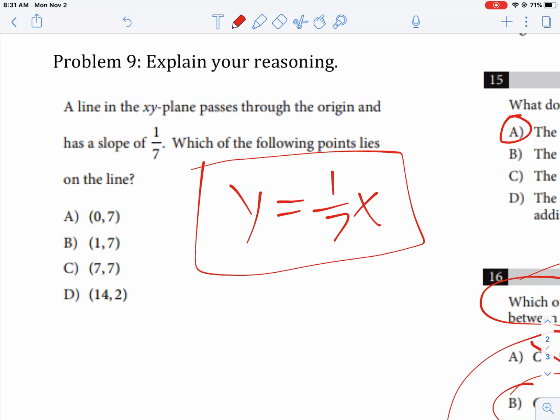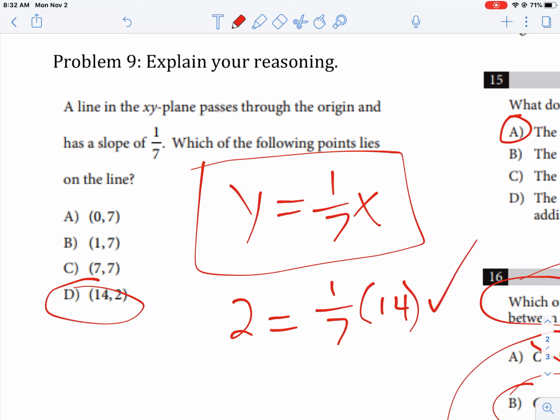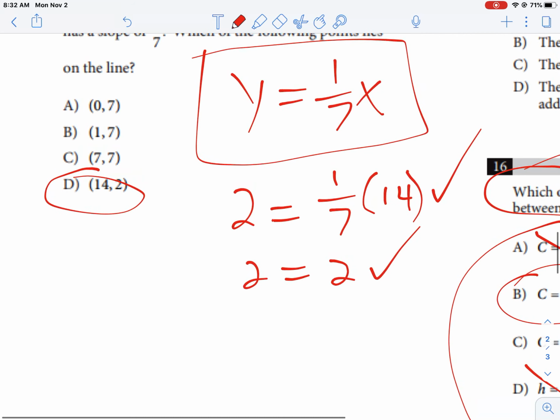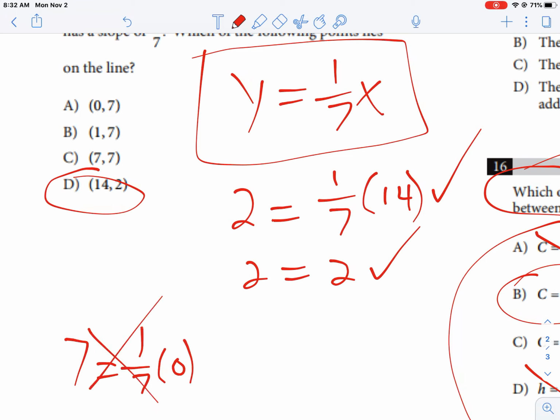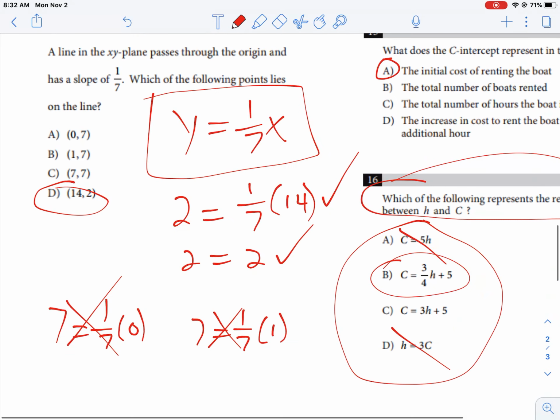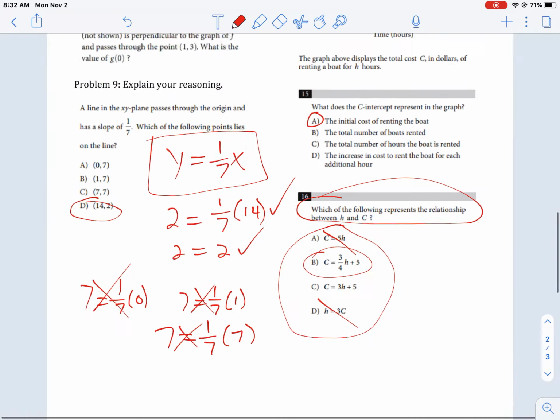The only one that works is D. If I plug in 14 for x and 2 for y, it equals out. The first one, 7 equals 1/7 times 0. That doesn't work. 7 equals 1/7 times 1. That doesn't work. 7 equals 1/7 times 7. That doesn't work. So it's got to be the last one.